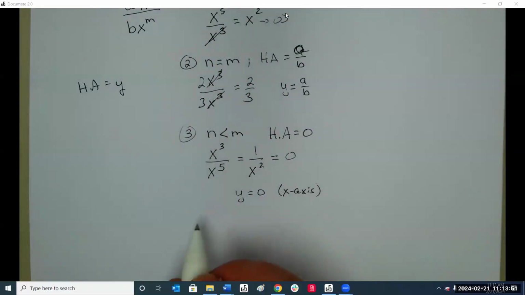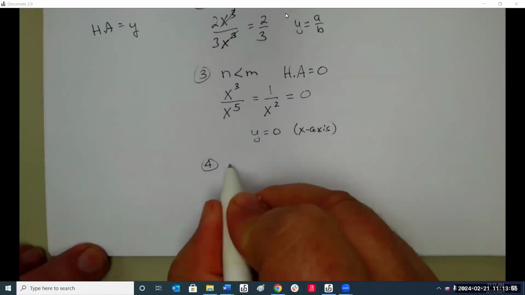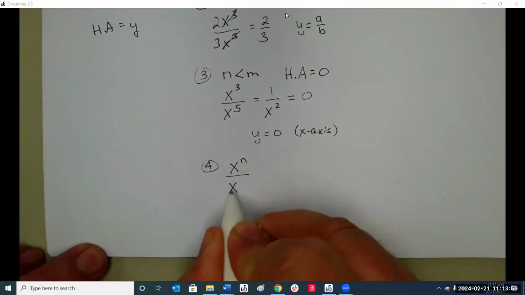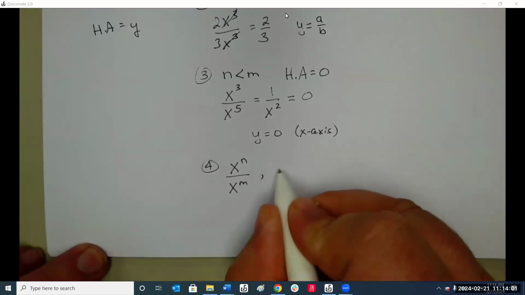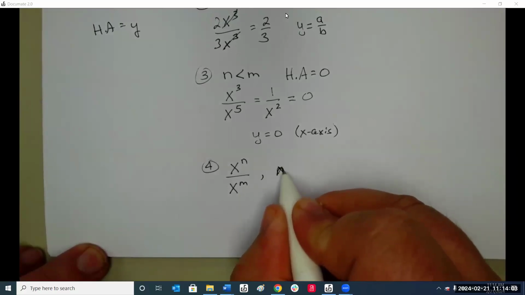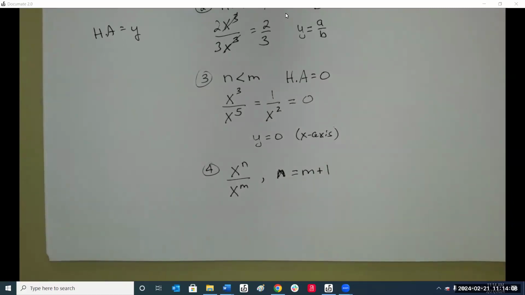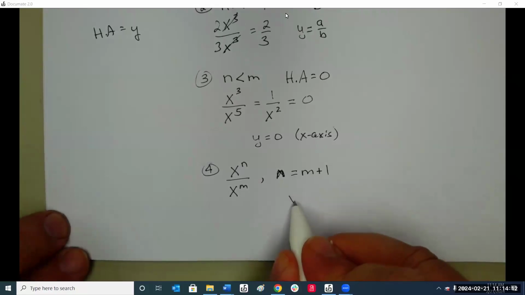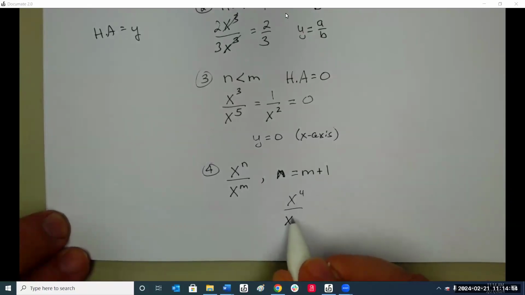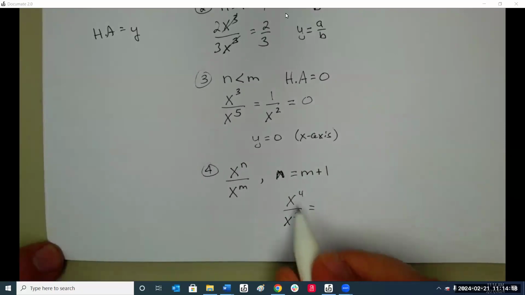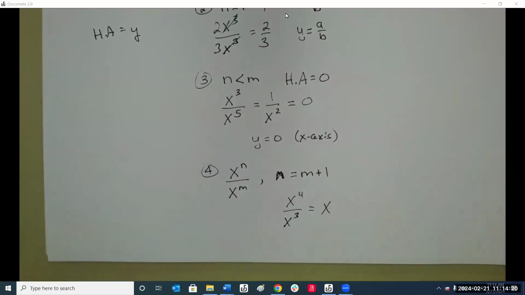Now, oblique asymptotes occur only when the top is bigger than the bottom by 1. So if we had x to the 4th over x to the 3rd, because when you do division, you'll get a linear equation.